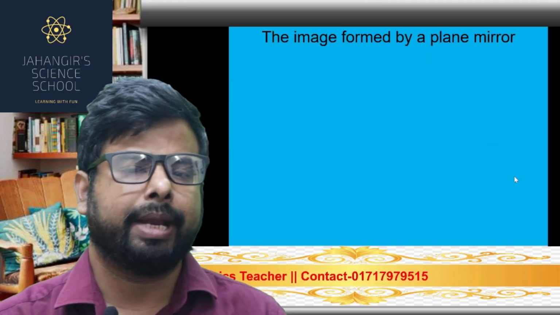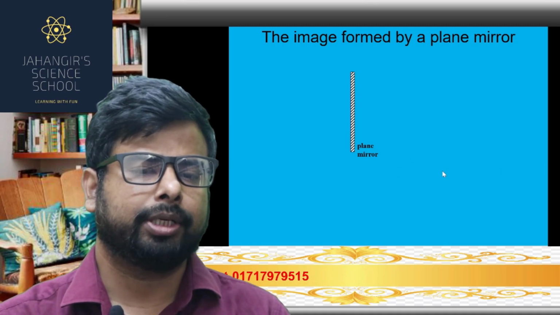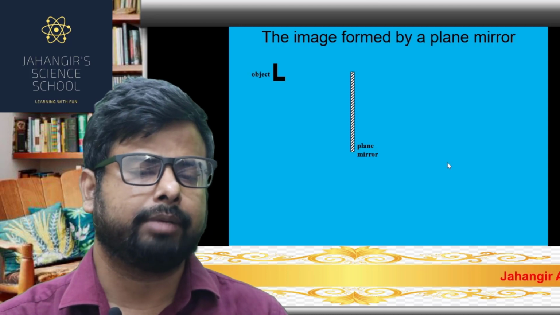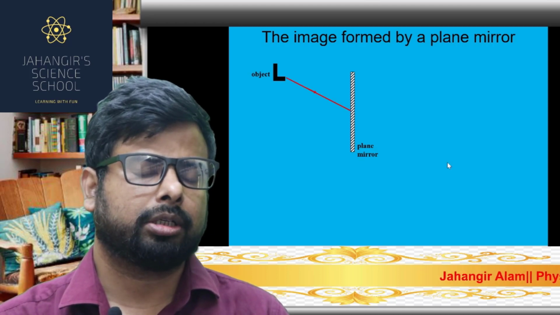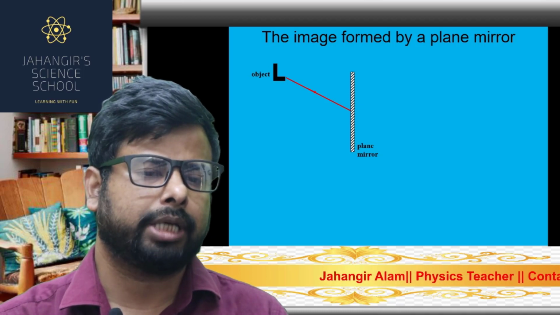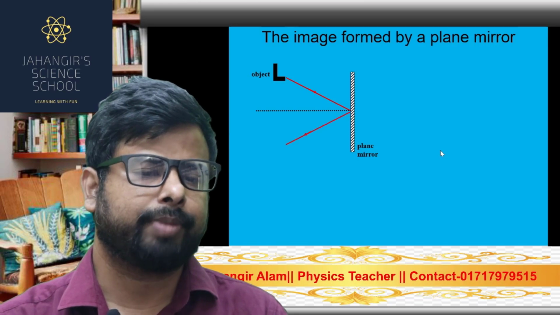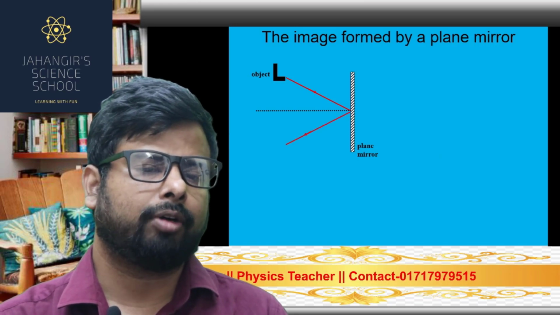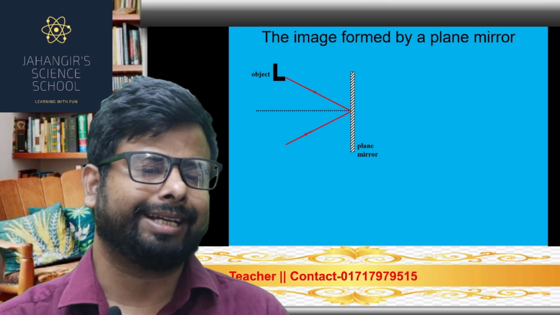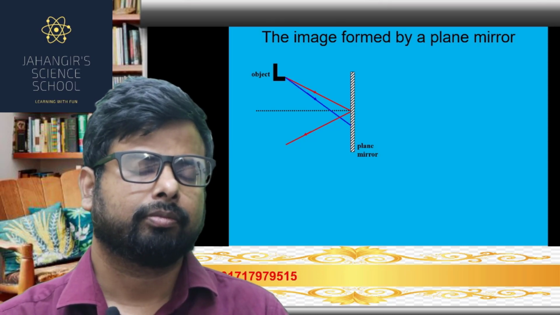Image formed by a plane mirror. Look at the diagram. This one is a plane mirror, and this one is the object which is in front of the plane mirror. Light incident on a point on the plane mirror reflects back with an angle of reflection which is exactly equal to the angle of incidence.